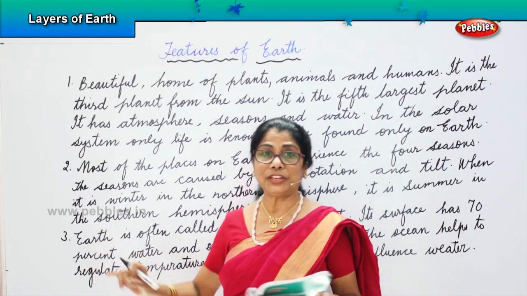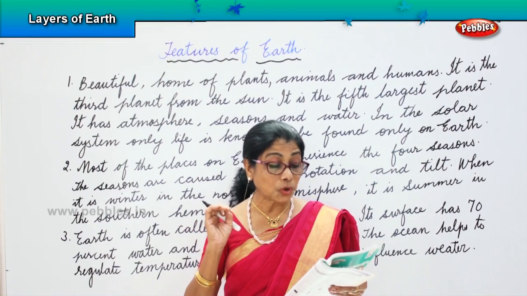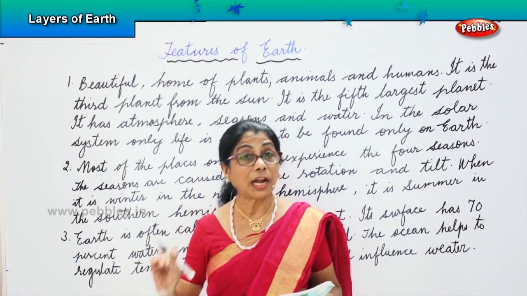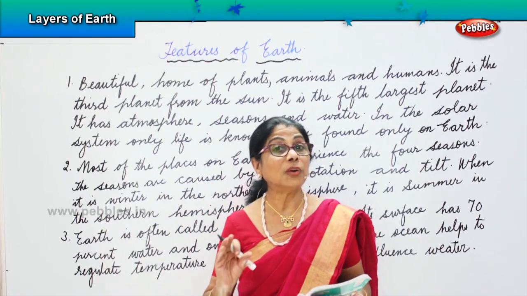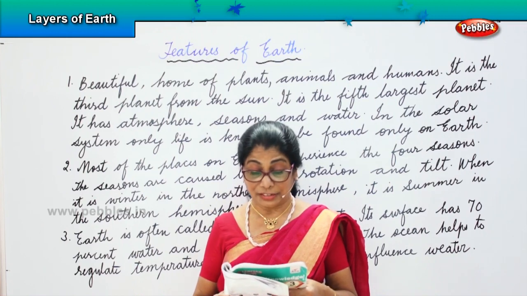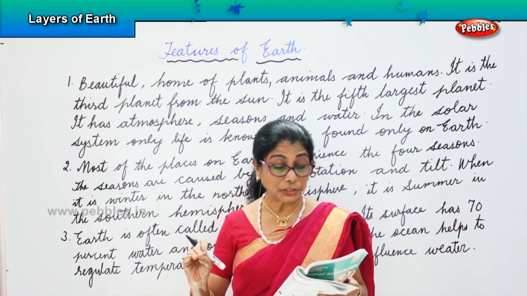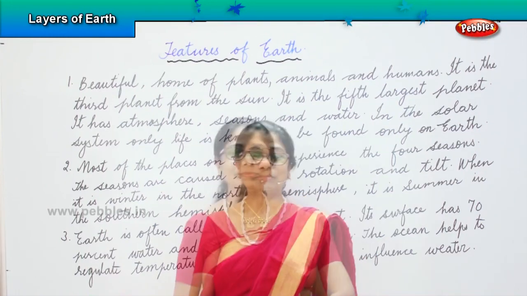And the third feature of the earth is that earth is often called the ocean planet because it has 70% of water and only 30% of land. The oceans help to regulate the temperature of the planet and influence the weather.